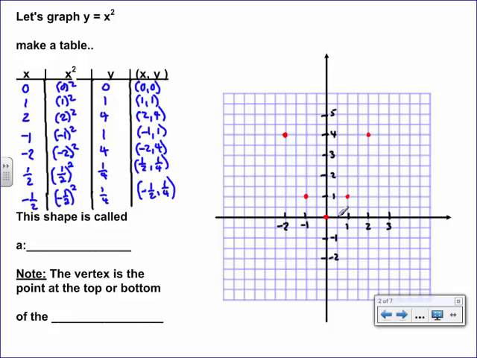Let's see, 1/2 would be there, 1/4 would approximately be there for y.